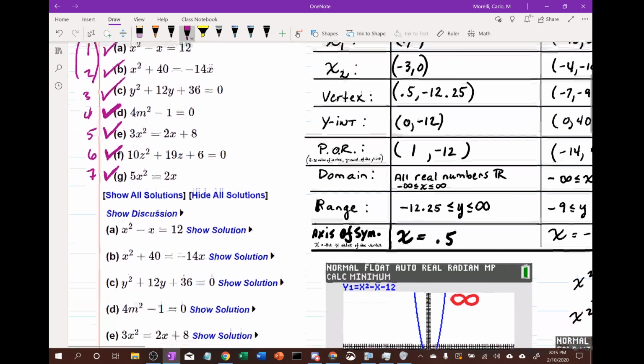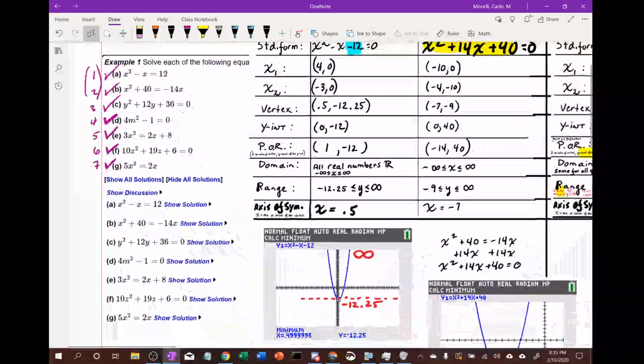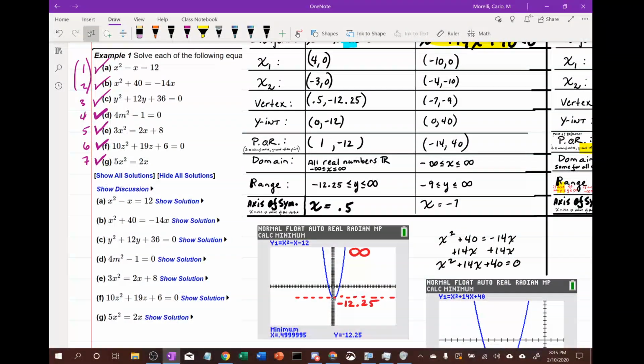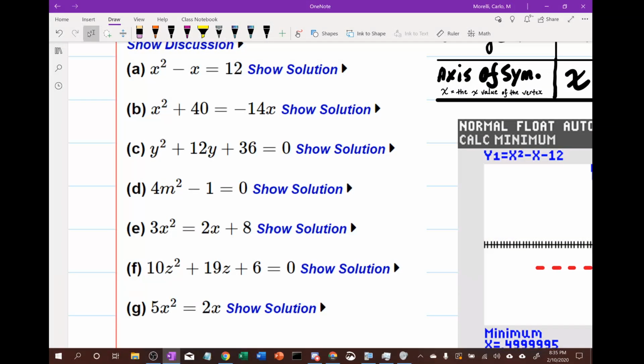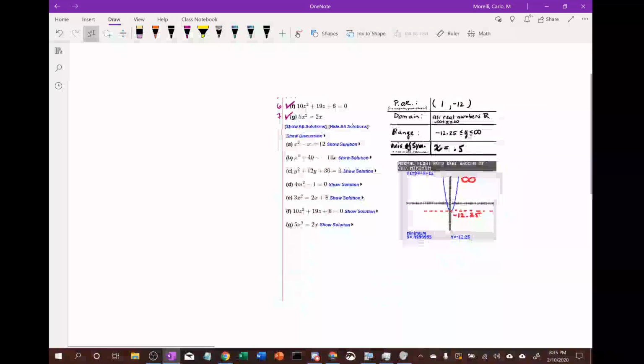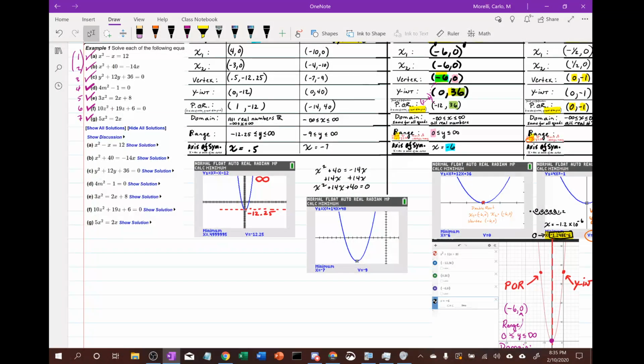So, here's what I'm thinking, guys. I might do those problems for the test. I might actually give you a printout tomorrow that has the whole list of 9 different things that we have to find.